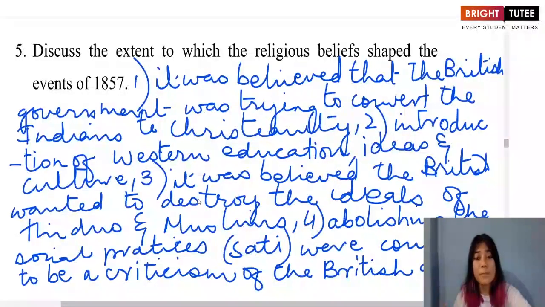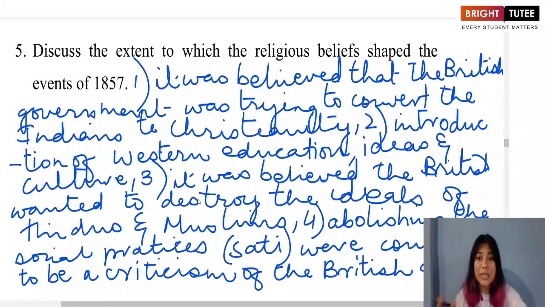which made the Indians feel that the British government was trying to bring certain changes and introduce certain ideals which would harm their long cherished Hindu culture, customs, and their religious sentiments, and that was under threat by some of these measures taken by the British.